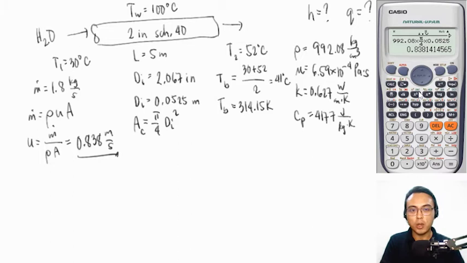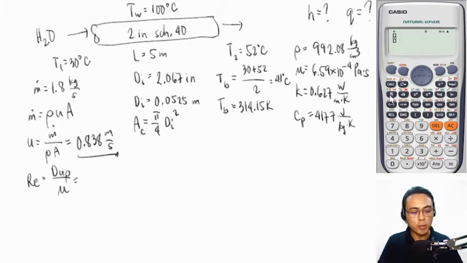Speaking of Reynolds number, once you have obtained all of the parameters for the fluid as well as the velocity of the flow, that is the first dimensionless number that we have to calculate because we need to determine if the flow is laminar or turbulent before we can select our correlation for the Nusselt or Stanton number. Okay? Solving for the Reynolds number, that is d u rho over mu.